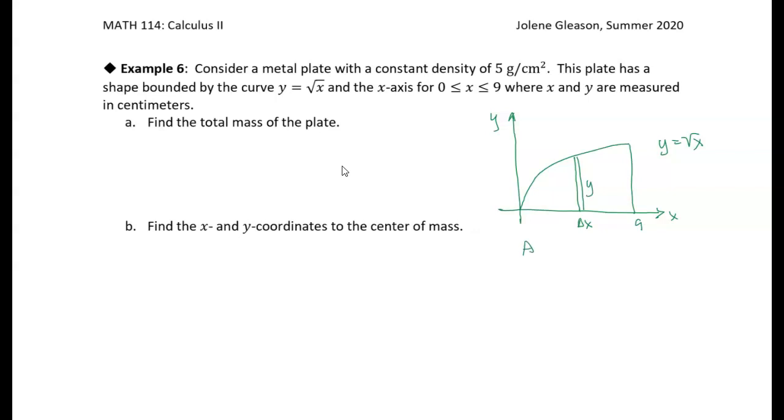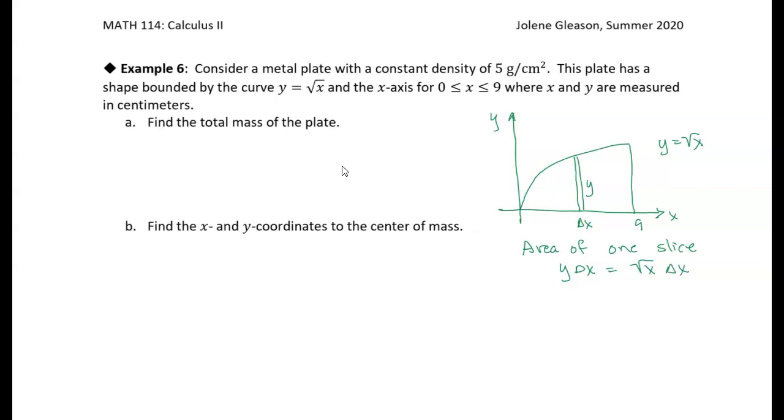All right, so let me write that down. The area of one slice is equal to y delta x, and y is the square root of x, so it becomes square root of x delta x.